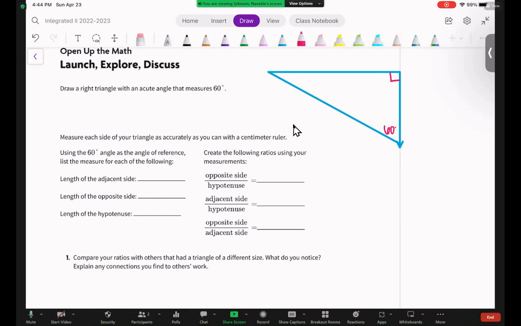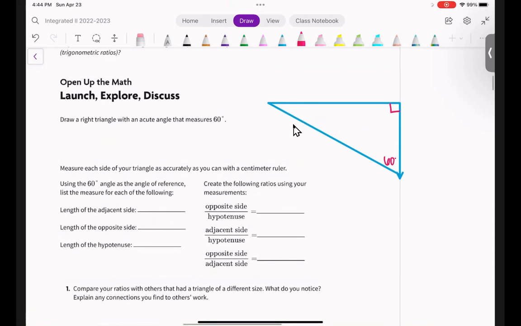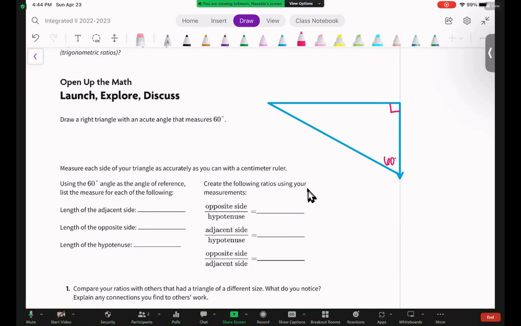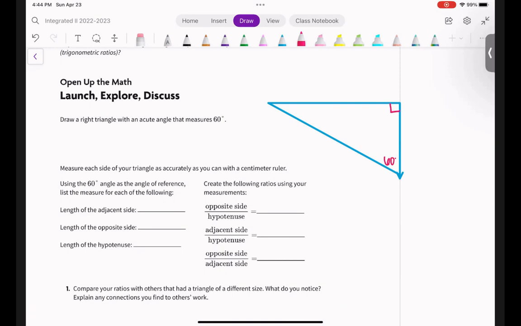But for today, it says measure each side of your triangle accurately with a centimeter ruler. And my centimeter ruler says that my hypotenuse is about 6.6.